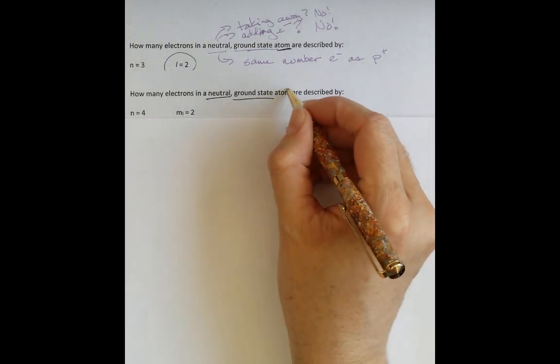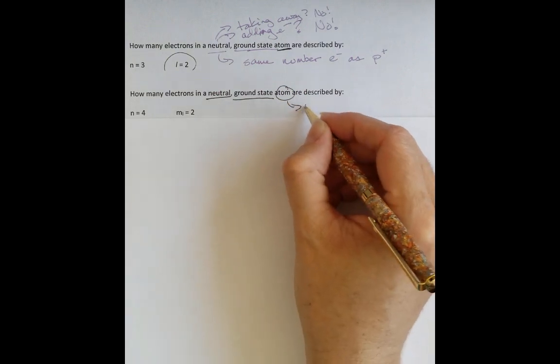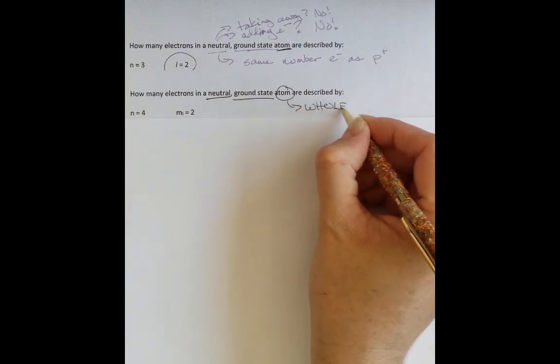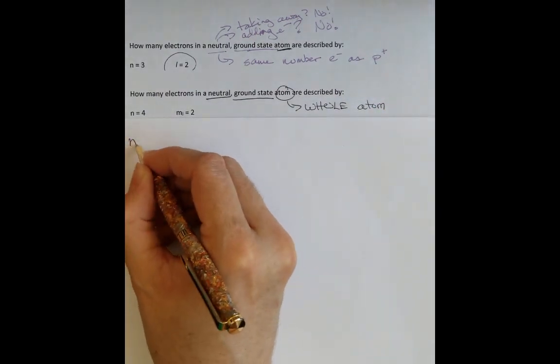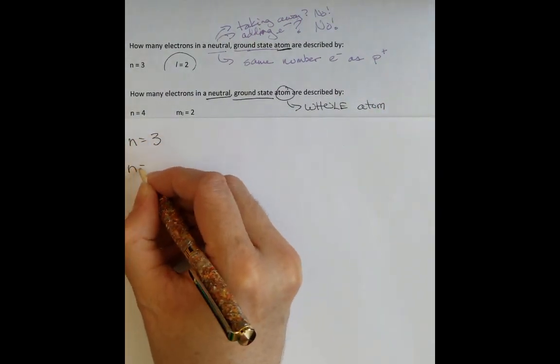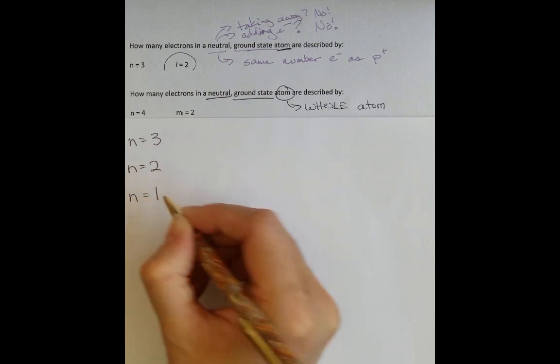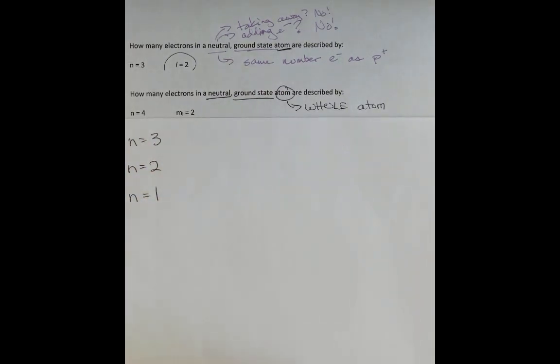So again, since we are in an entire atom, we still have to worry about n equals 3, n equals 2, and n equals 1, because all of those are still there.